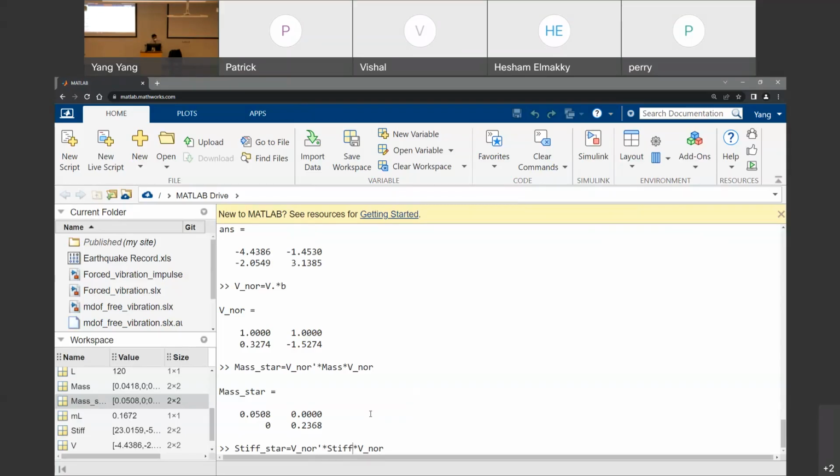Yeah, there's a comma. This is the stiffness. Online students, are you with me for the stiffness star here? Yes. Okay. So pretty easy, correct, if we use MATLAB.